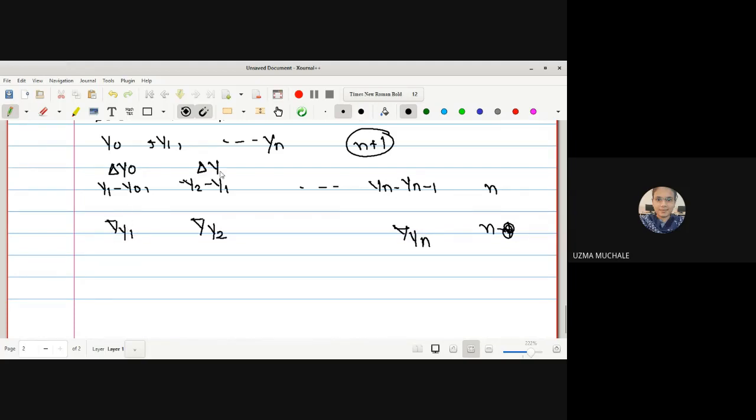Why is it called forward? Because we are going to use y2, the next value, for evaluating delta y1. And in the same thing we denote it as the backward difference operator y2. For evaluating the value of y2, we are using the value of y1, hence it is called the backward difference operator. So y1 minus y0, y2 minus y1, all these values are the same, but the notation in the forward and backward ones is different. Okay, getting this one?